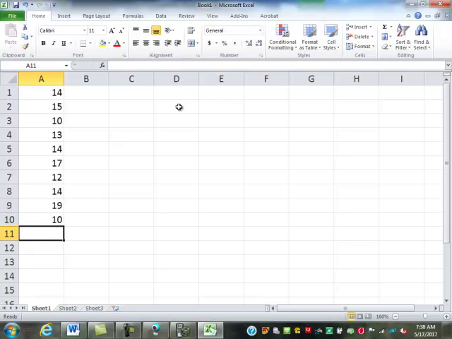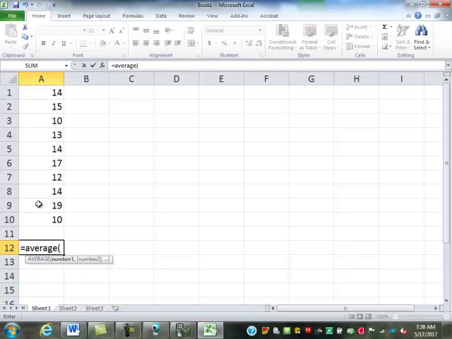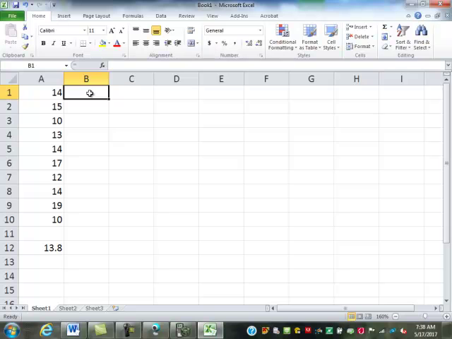So there's my 10 numbers. We found the mean to be 13.8, but I'm just going to double check it. It is 13.8. So we're going to subtract 13.8 from each number.